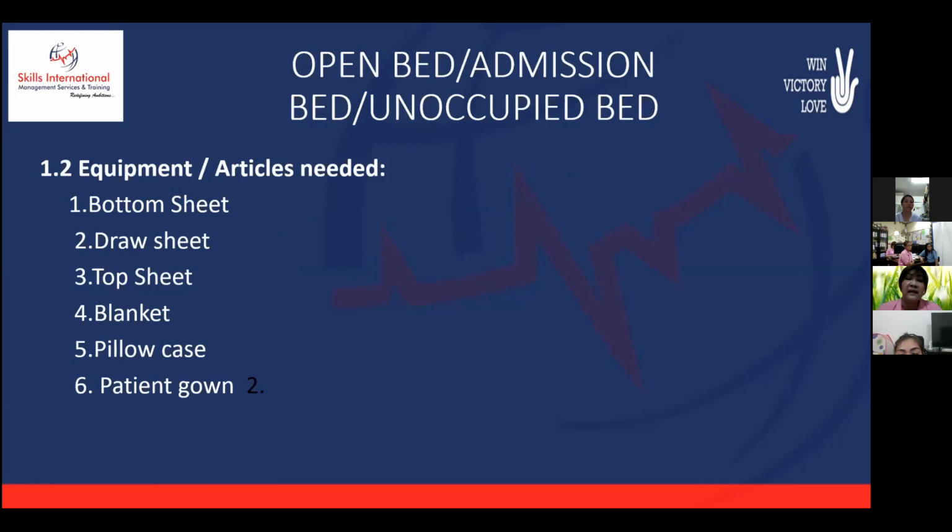For the equipment needed in each particular bed, we need to have equipment appropriate for that bed. Number one, for this open bed, we have bottom sheet, draw sheet, top sheet, blanket, pillowcase, and a patient gown.